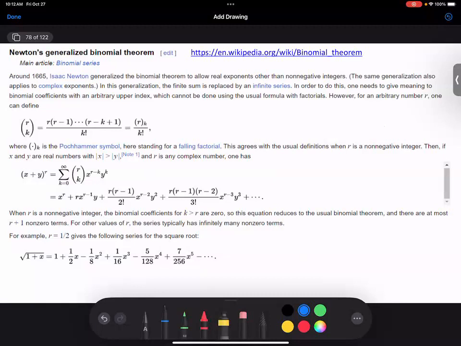We basically want to multiply by R minus k factorial over R minus k factorial, and this becomes the standard binomial coefficient. The claim is this is what is true in general.